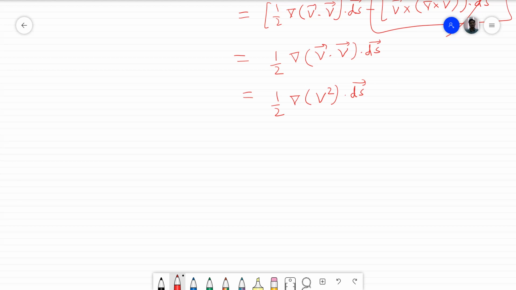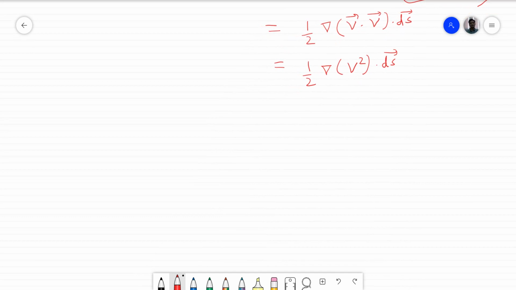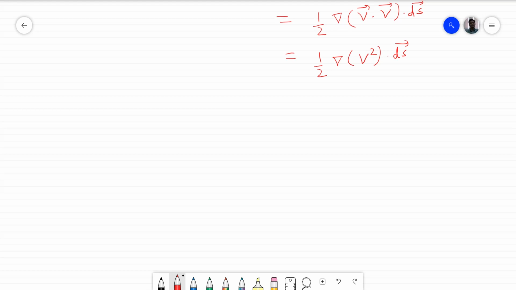So from here we get that this is equal to d v square, following a similar procedure to what we followed with the pressure term.